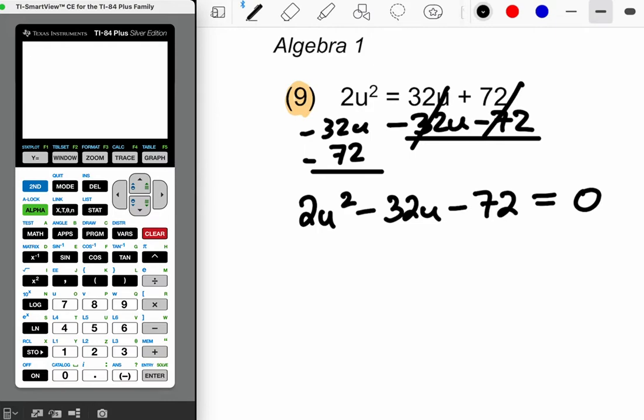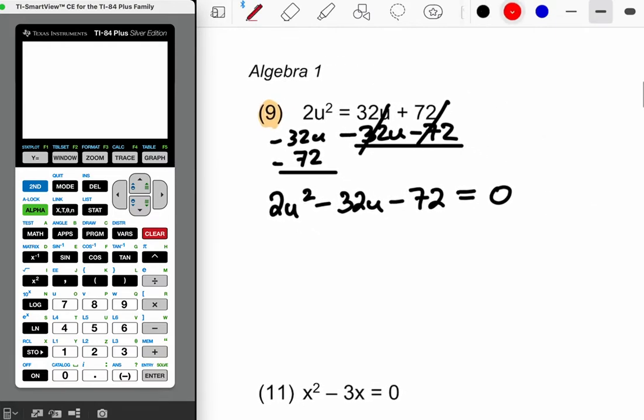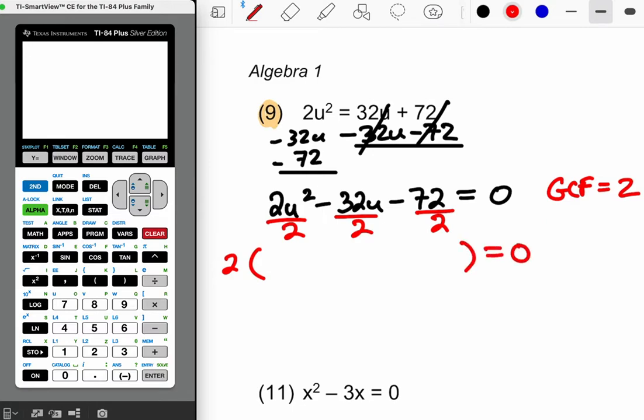In this case, we have a GCF of 2, meaning we can divide each term by 2 and write it as a coefficient. That's going to give us u squared minus 16u minus 36.